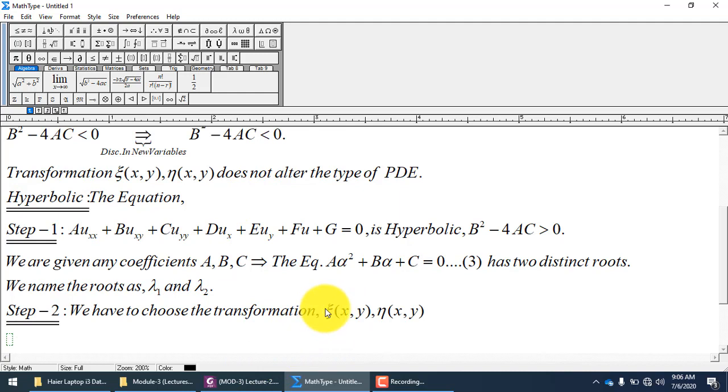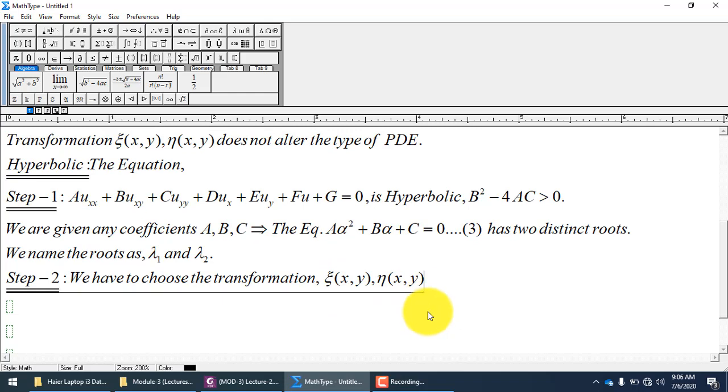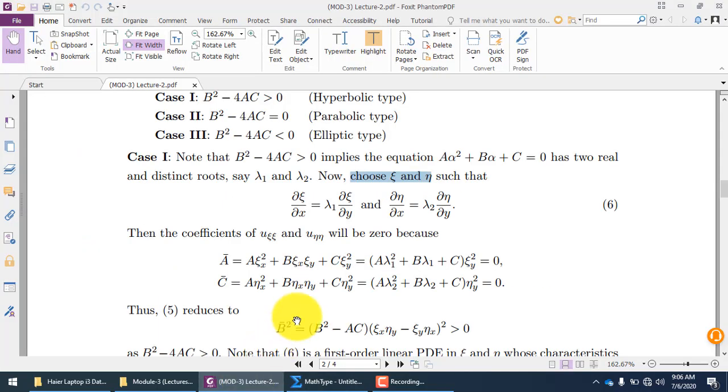The methodology to select the variables xi and eta is not unique, and you are not bound to choose in one particular way. The important thing is that the discriminant must not be equal to 0. So you will select the transformation, but you will take care of just one thing: that the discriminant should not be equal to 0. This is the only one condition you will take care of. And the second most important thing is that whichever transformation you use, it will not alter the type of your partial differential equation.